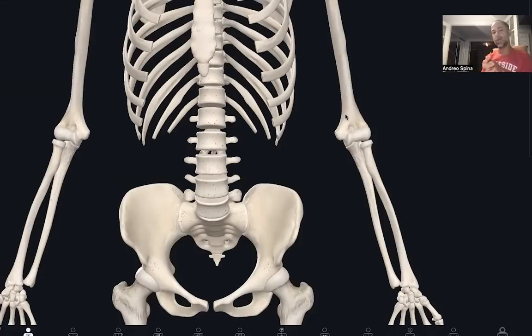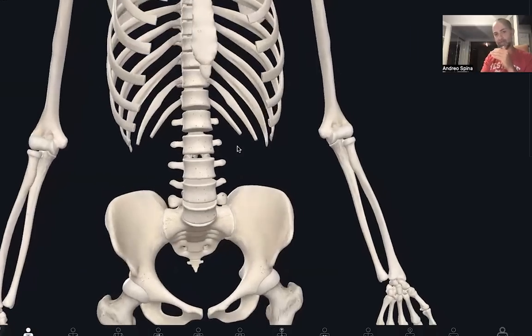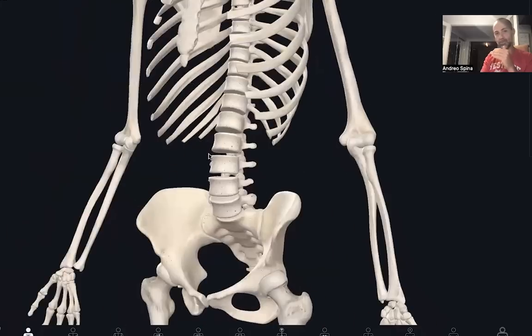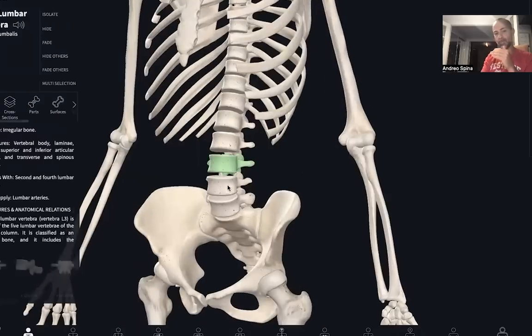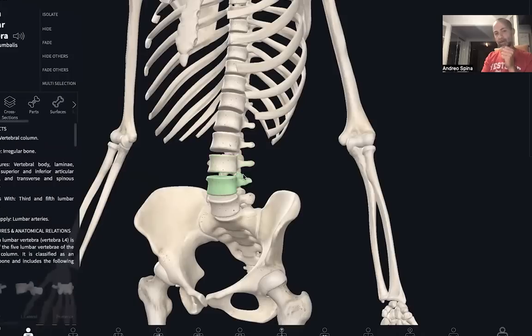The spine is made up of various vertebrae that sit on top of each other, separated by what we call an intervertebral disc. And when you have one vertebra sitting on top of another vertebra, we have what's called a motion segment. So for example, this would be the motion segment between L3 and L4, here being the L3 vertebral body and here being L4.